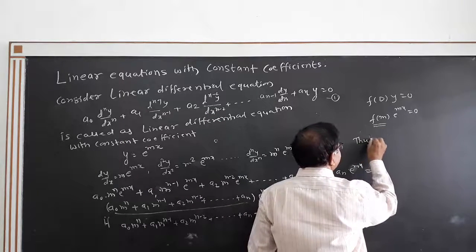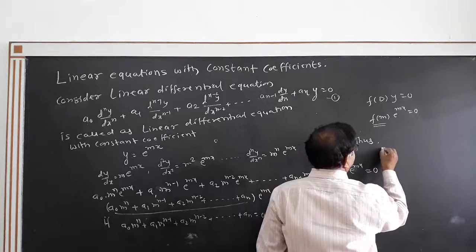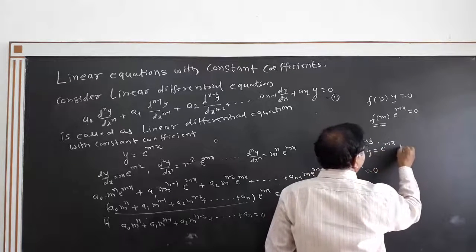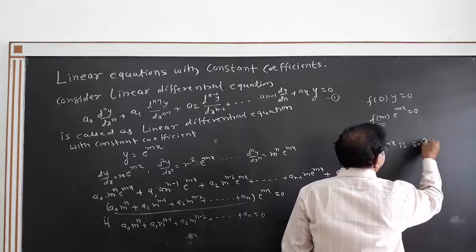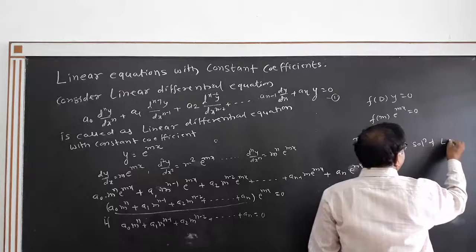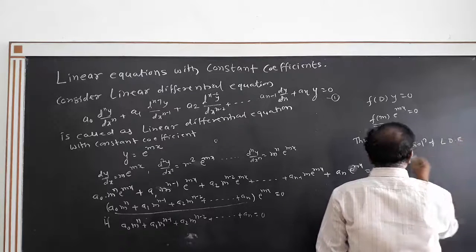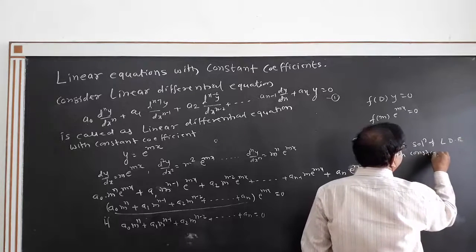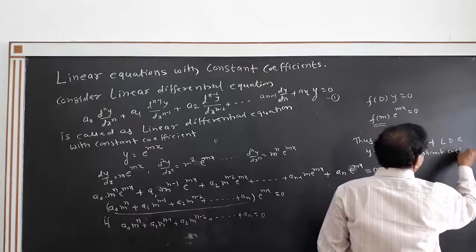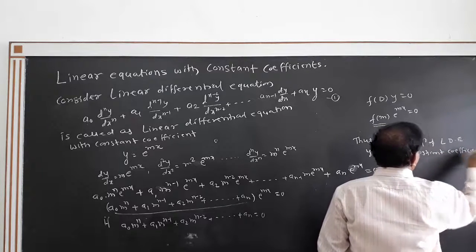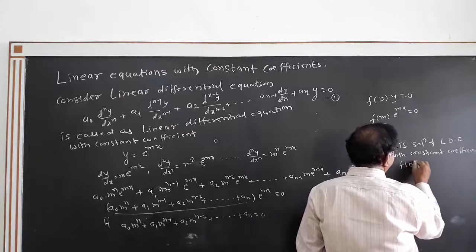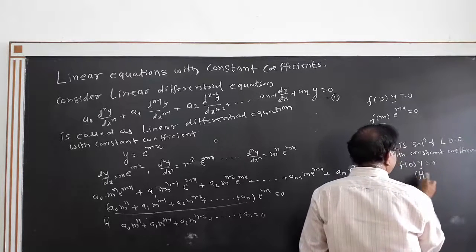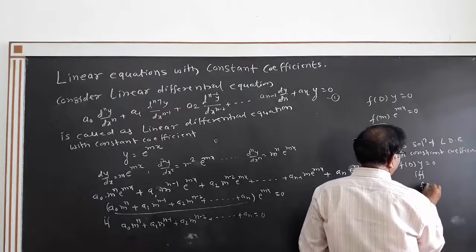Thus, we can conclude that y equal to e raised to mx is a solution of linear differential equation with constant coefficient f(D) y equal to 0 if and only if f(m) equal to 0.